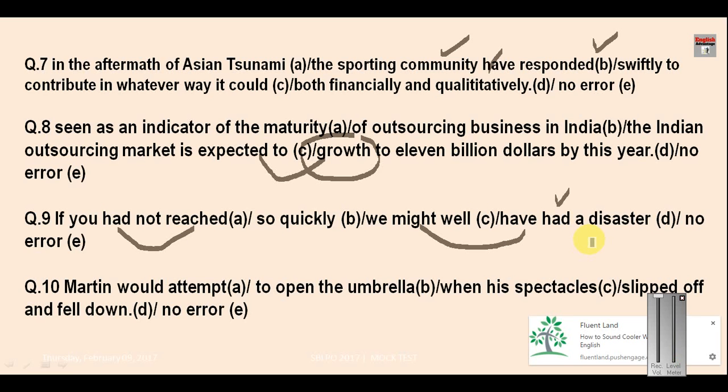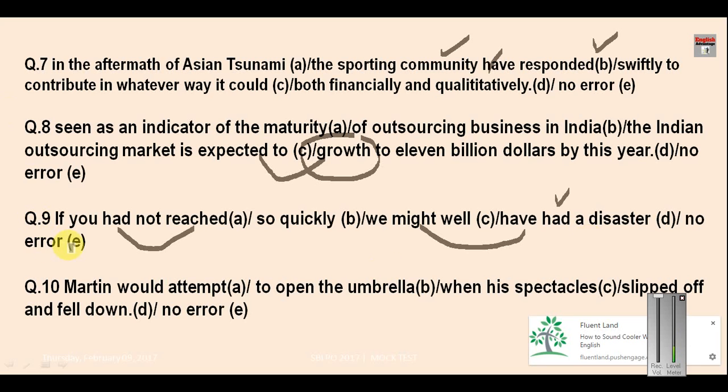Now let us see the question number 10. Martin would attempt to open the umbrella when his spectacles slipped off and fell down. Now in this sentence, when his spectacles slipped off and fell down means Martin was doing something, and between that action, his spectacles slipped off and fell down.